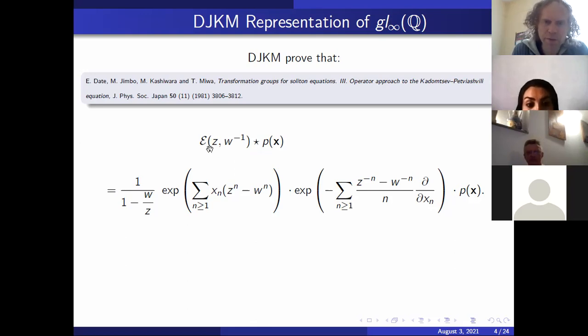Okay. E^(zw) minus 1 is the generating function of GL in CQ. But PX is a basis, a typical element of P, a polynomial. It's just a polynomial. Okay. Now you can see here we have the partial derivative. You can apply it on Px and you compute this expression.